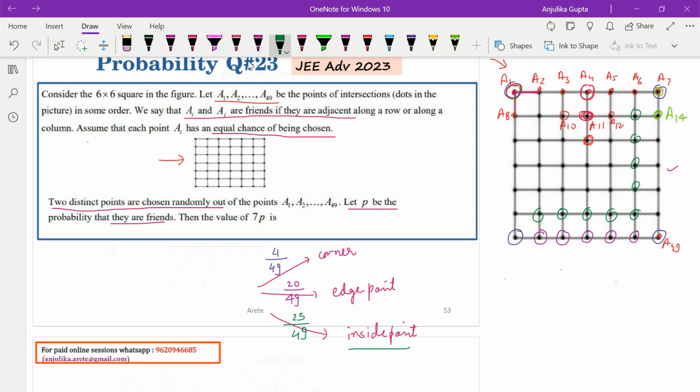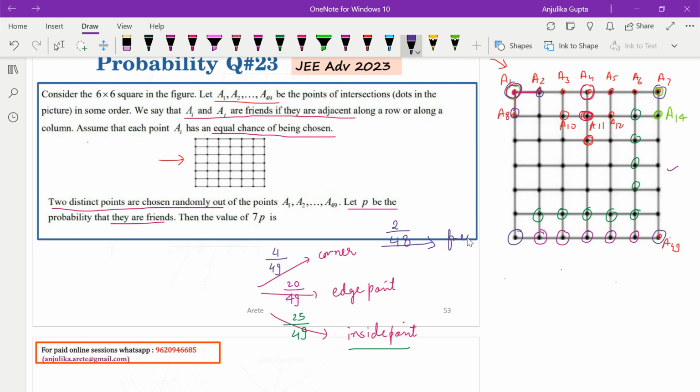Then next comes that you start choosing the second point. What is the probability that the second point is a friend if you have chosen a corner point? Of course, the corner point has only two friends. So the probability that the next chosen point will be a friend would be 2 upon the remaining points, because one point you have already chosen, that's a corner point. So 2 over 48.